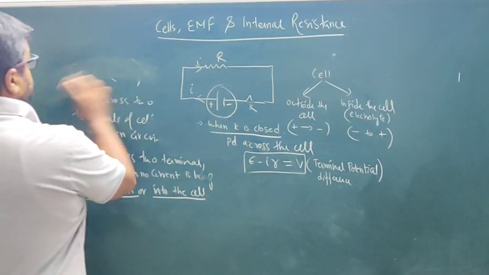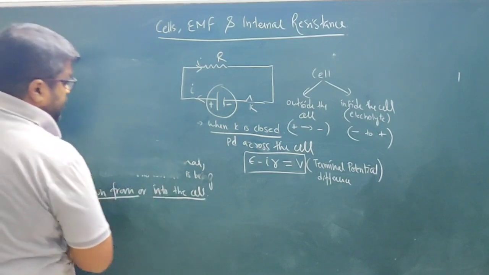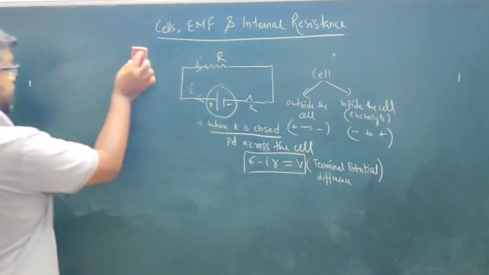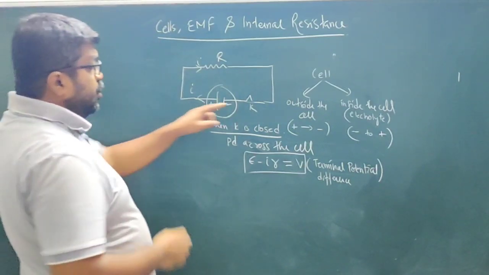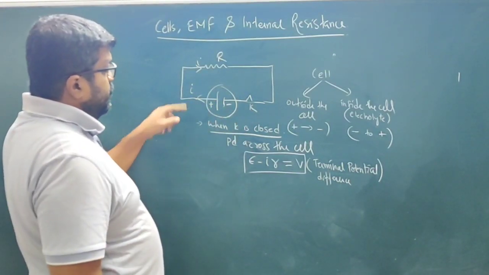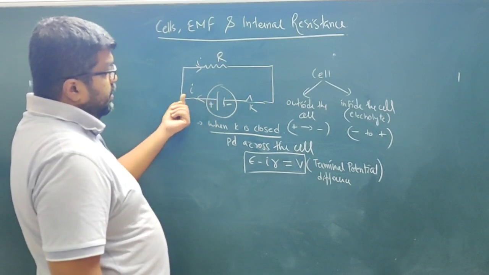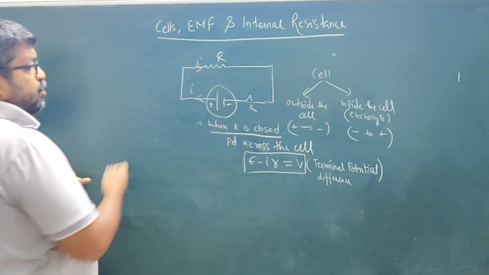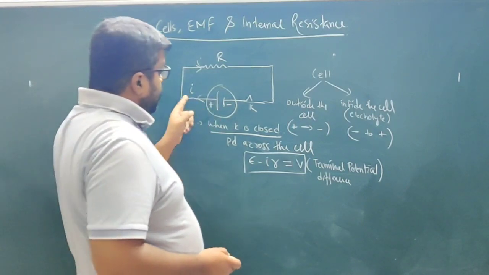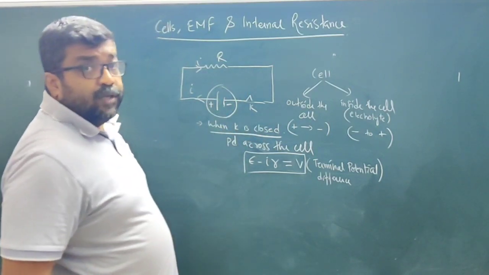Now you need to be careful about a few concepts. See, when the key is closed, current flows in the external circuit. The current is flowing like this. So it is flowing outside, from high potential to low potential.